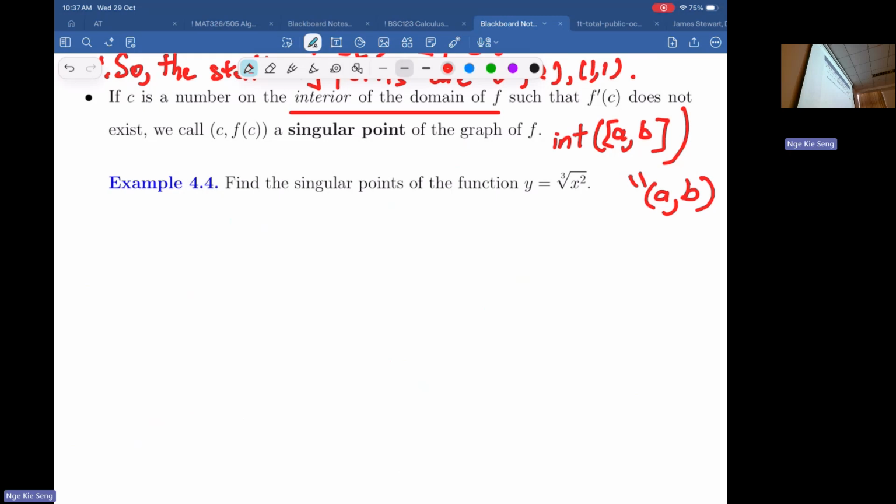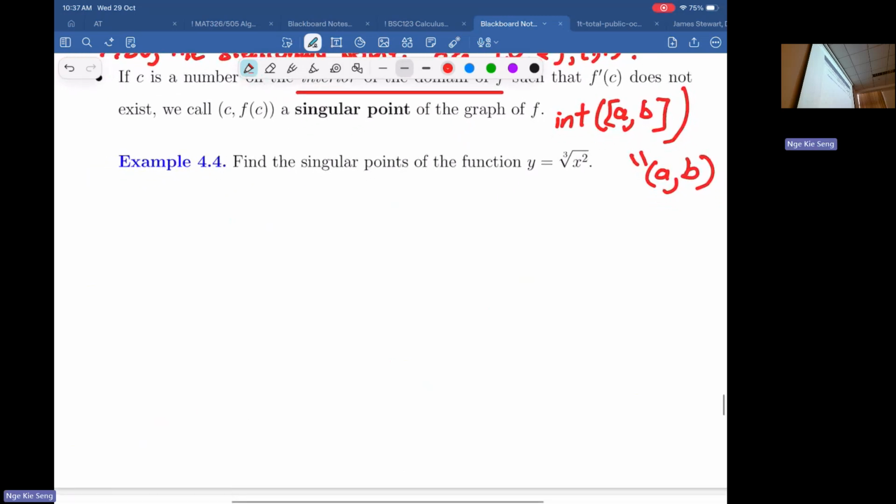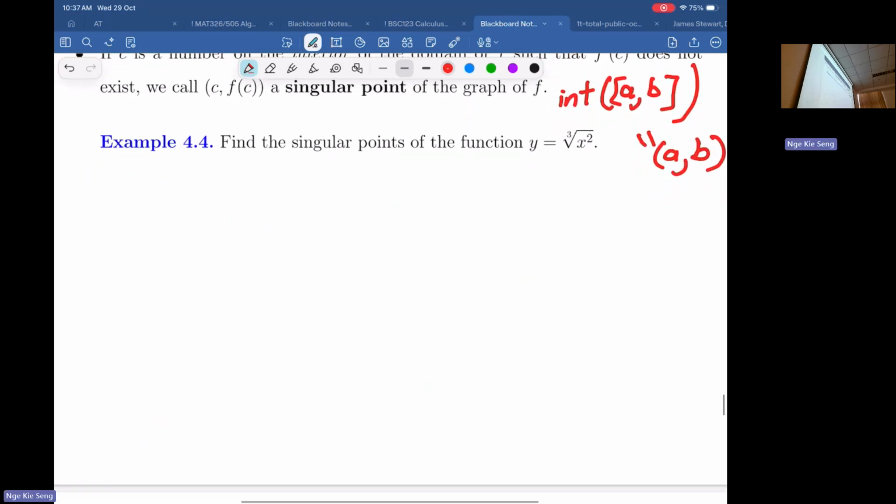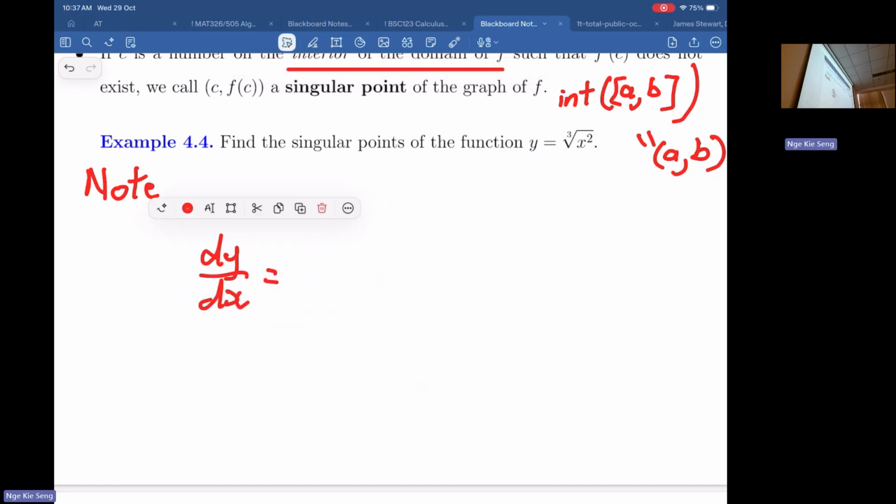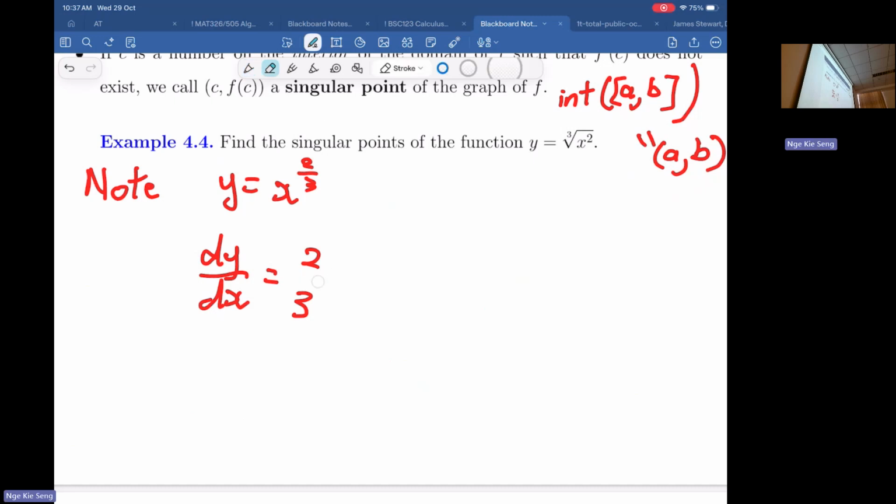Let's see where the singular point of this function y exists. Let's compute dy/dx first. Maybe rewrite this in a nicer form: y = x^(2/3). Then you differentiate this using the power rule. You will get 2/3 x^(2/3 - 1).